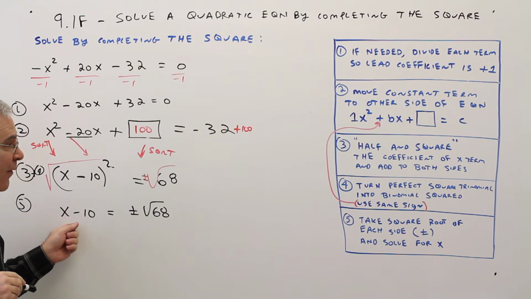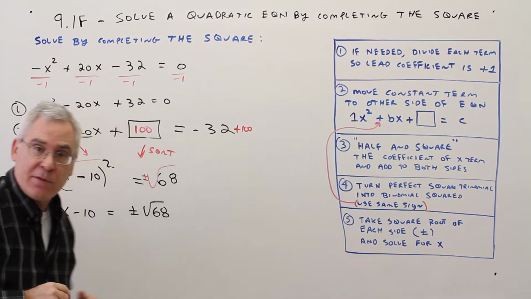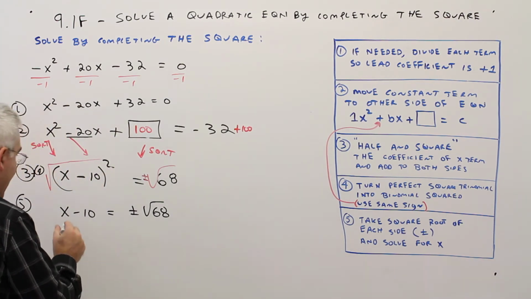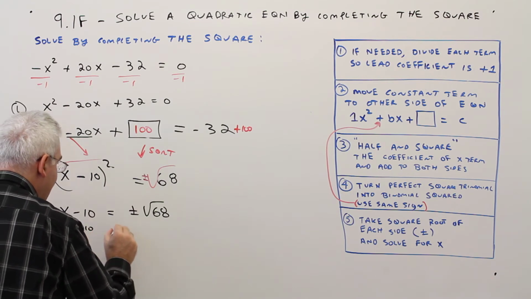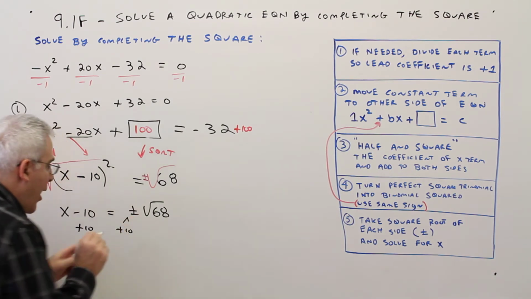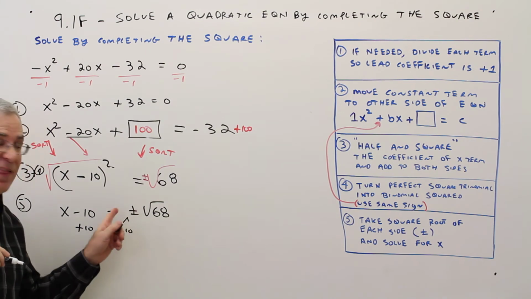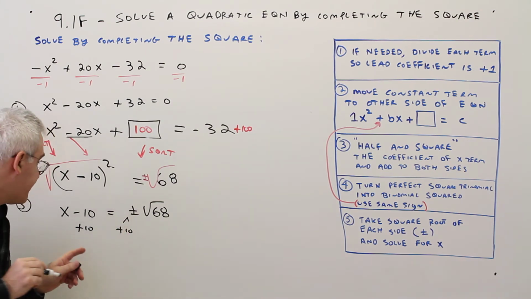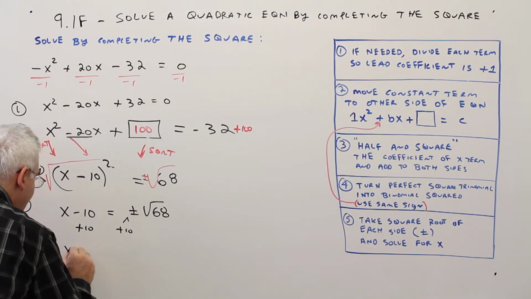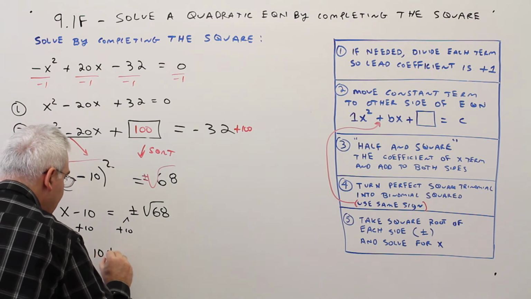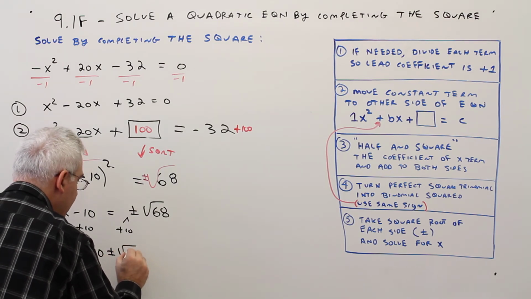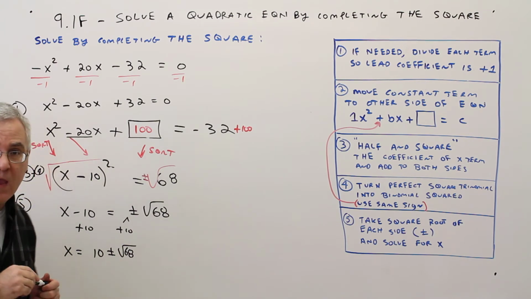Now I'm going to solve for x. So I'm in step 5. I'm going to add 10 to each side, plus 10. I always put the plus 10 to the immediate left of the plus or minus. So I will now get x equals 10 plus or minus the square root of 68.